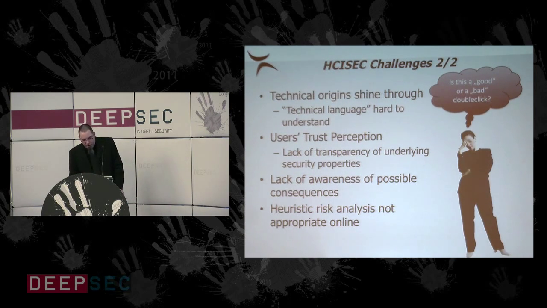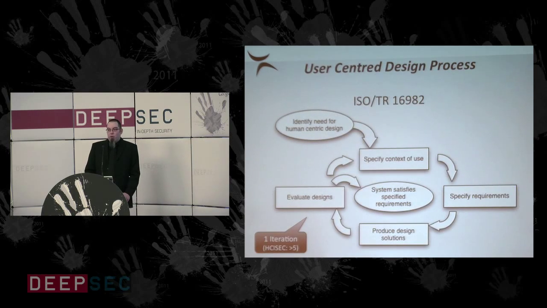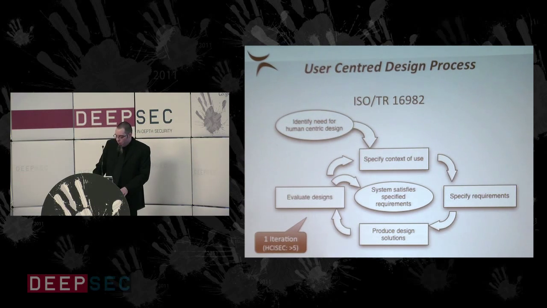So we have heard a lot of challenges now, so how to solve them? ISO in general states a user-centered design process, which is defined. We see here one iteration. It is more or less identifying the need for human-centric design, do some specification, specify the requirements, produce some prototypes or design solutions, evaluate them, and then iterate it again.